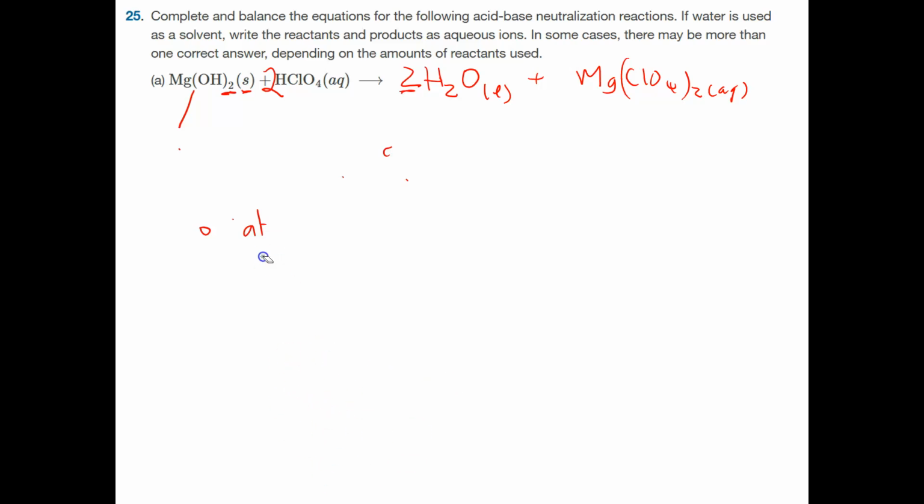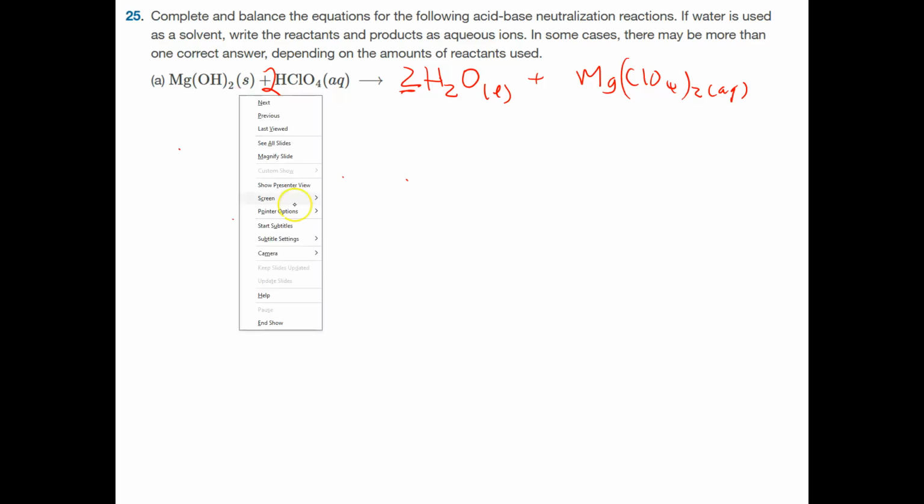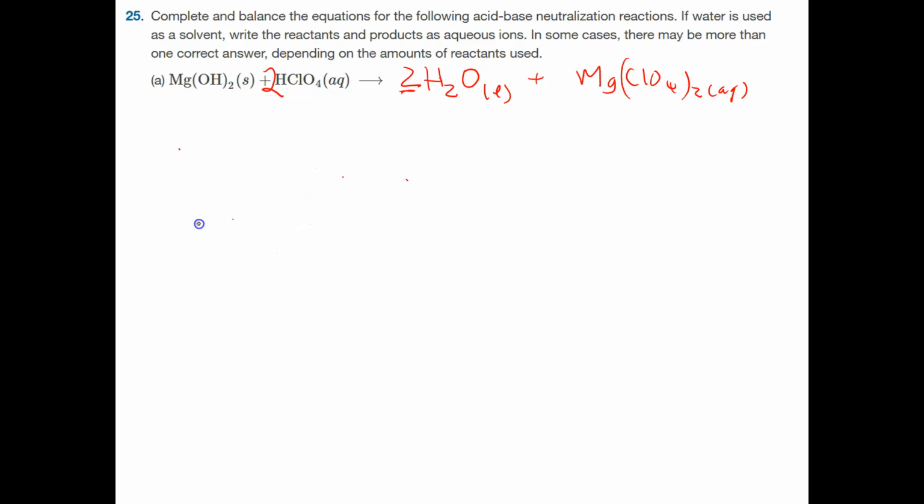So what we have to do now is dissociate those things that exist as individual ions in aqueous solution. So let's see what that might be. This is an ionic compound here, but it's a solid. So as mentioned before, we're going to leave it undissociated. This guy is a strong acid, so we will dissociate it.